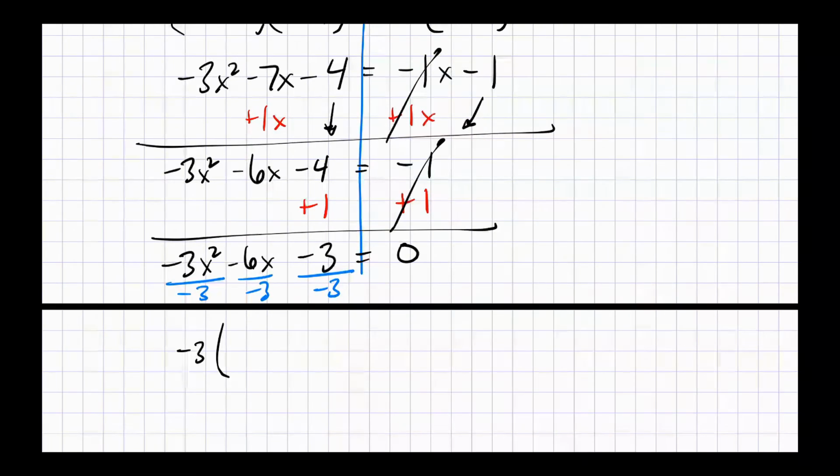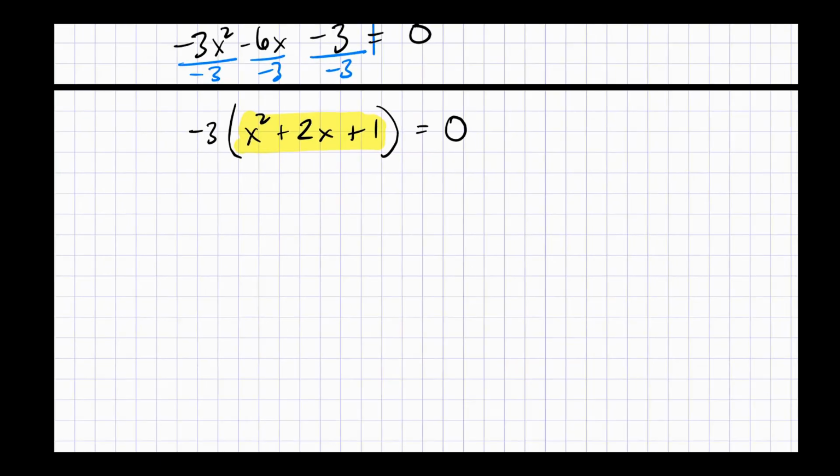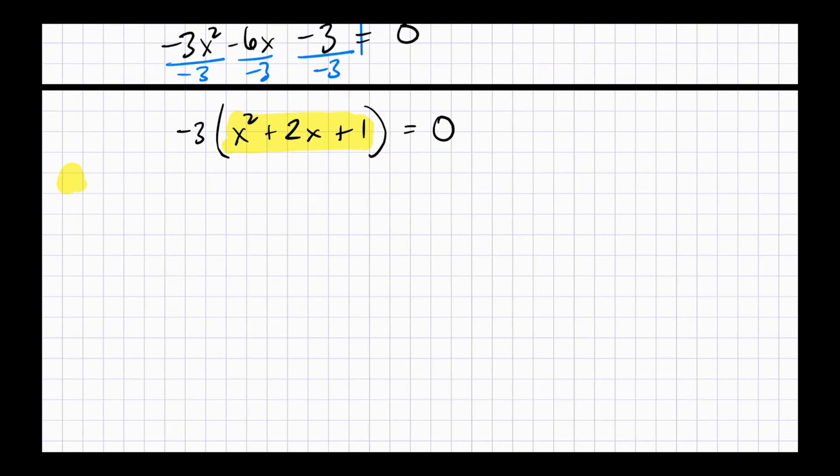So negative 3 on the outside, 1x squared plus 2x plus 1. Now I can do ABC because A is positive. A is 1, B is 2, C is 1.